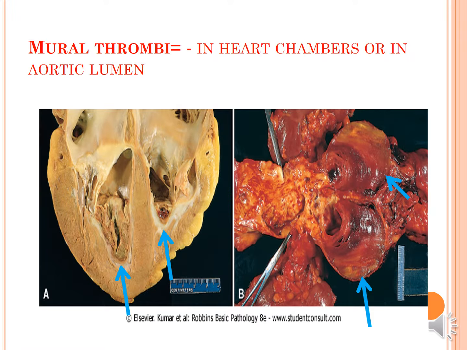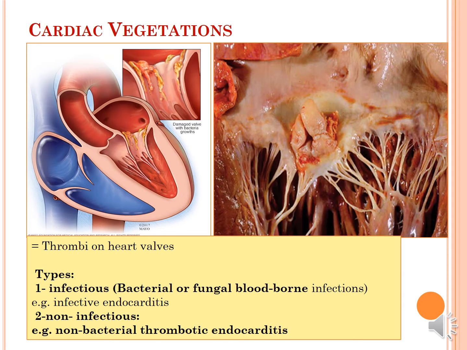The second term to understand is mural thrombi. These are thrombi that develop inside the heart chambers or in the aortic lumen. Third term is cardiac vegetations. Vegetations mean thrombi that are formed on or overlying the heart valves. These thrombi can be either infectious or non-infectious.